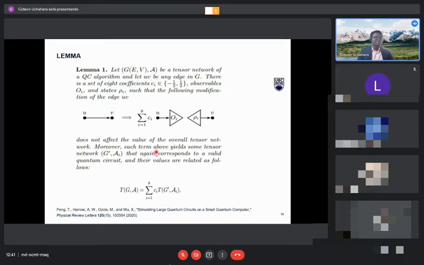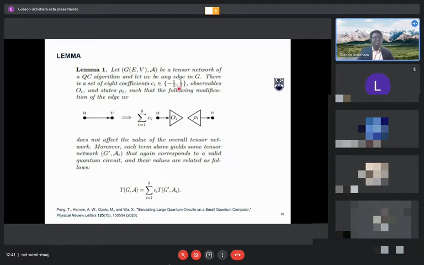What the paper says is that we can look at a quantum circuit as a tensor network, and this tensor network has edges and vertices, which can be represented by this graph, or by some tensor, which is the A here.